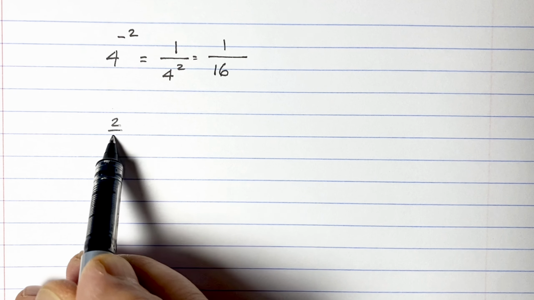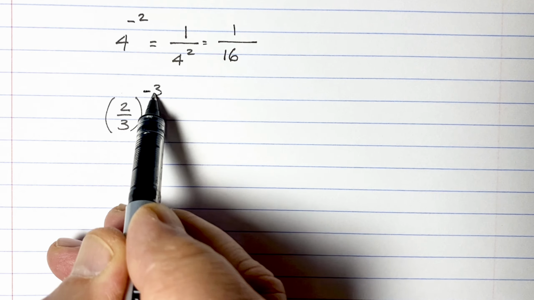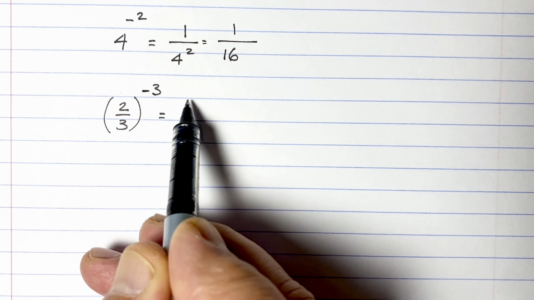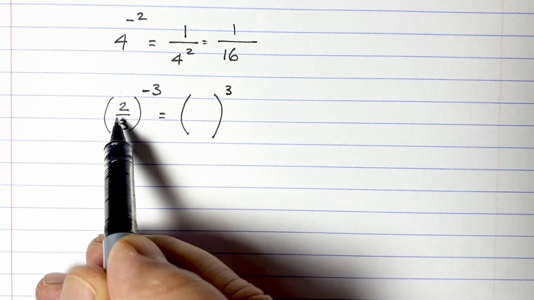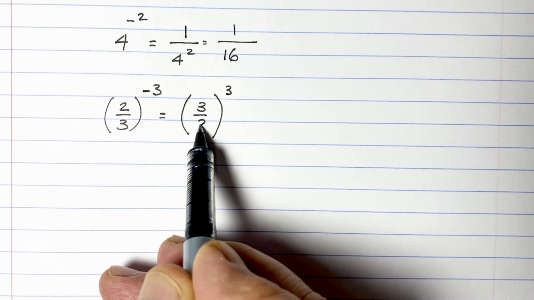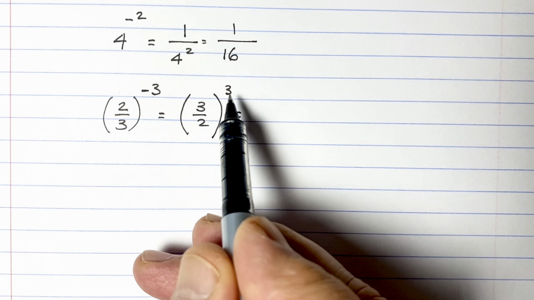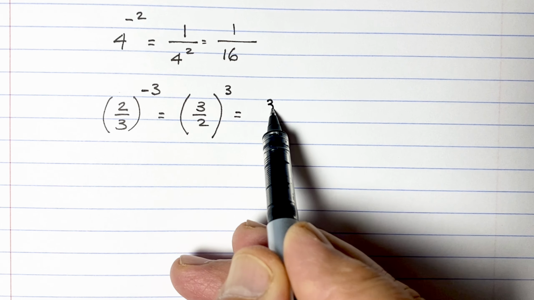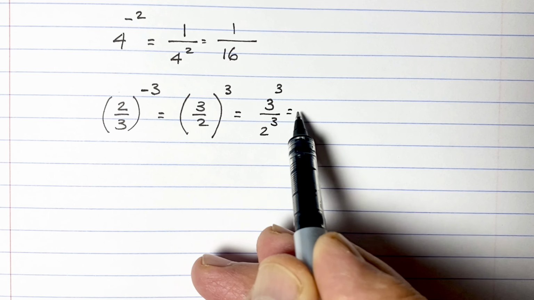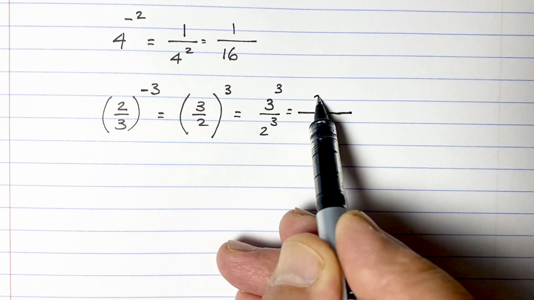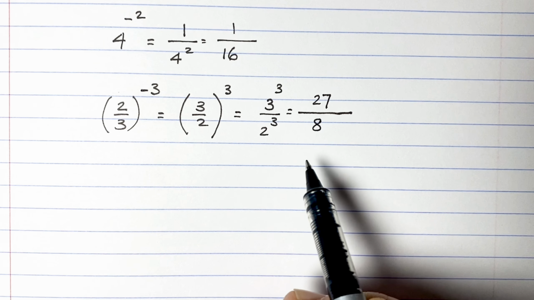What about 2/3 to the power of minus 3? So what I do straight away, my minus 3 becomes plus 3 at the expense of turning 2/3 upside down. So we have 3 cubed over 2 cubed. That 3 times 3 times 3, 27. 2 times 2 times 2, 8.